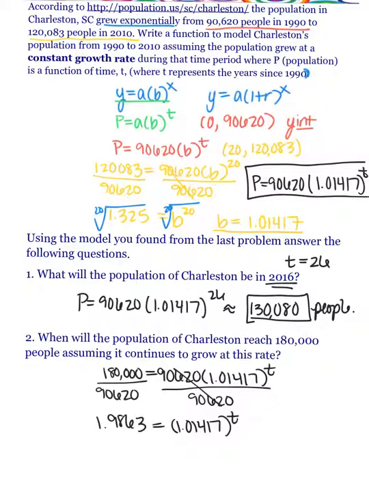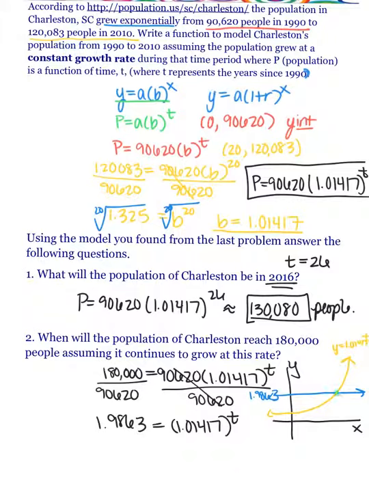On this side I get 1.9863. I'm going to draw a little graph to represent what my calculator is going to do. I'll have a horizontal line at 1.9863, and then an exponential growth function, y equals 1.01417 raised to the x in your calculator.